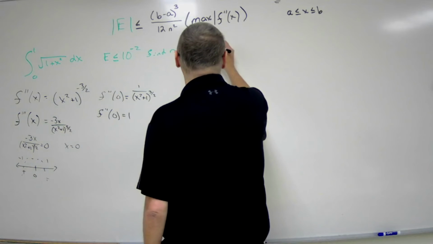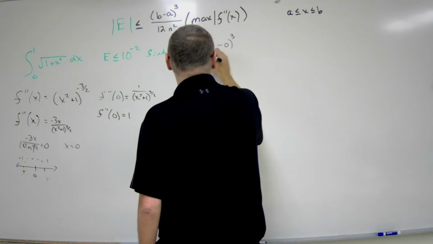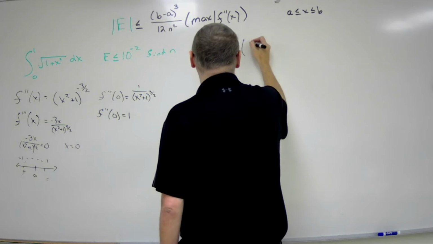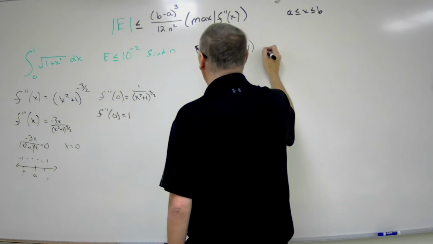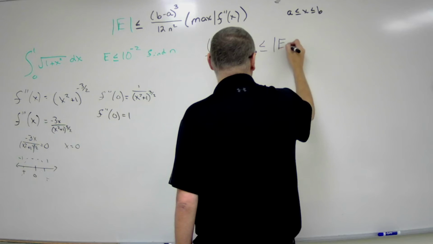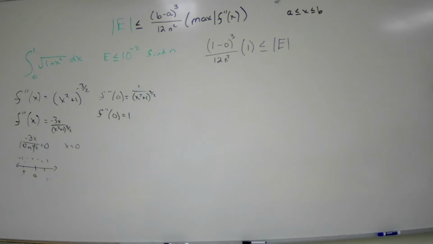So I've got 1 minus 0 cubed over 12n squared times 1, and that has to be less than or equal to the absolute value of E. What is the absolute value of E again? No. Look up there. What did I say I want it to be?